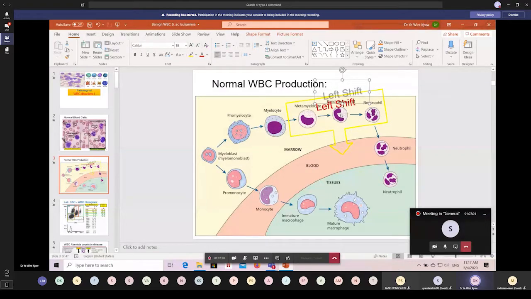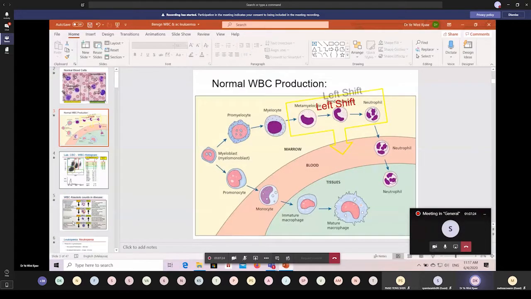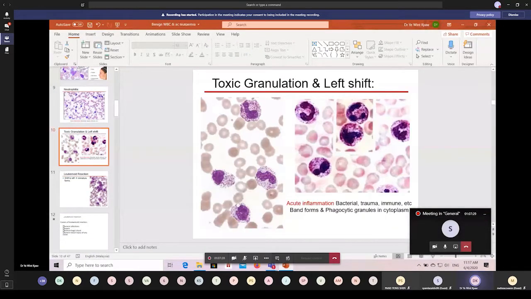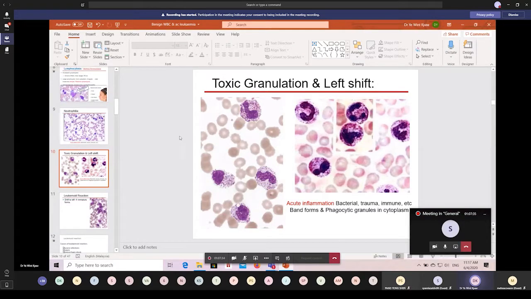You can see immature, one-step-immature forms because they need to produce a lot of neutrophils to react to infection. Toxic granulation means you can see a lot of thick granules in the neutrophil, bigger granules in the cytoplasm.